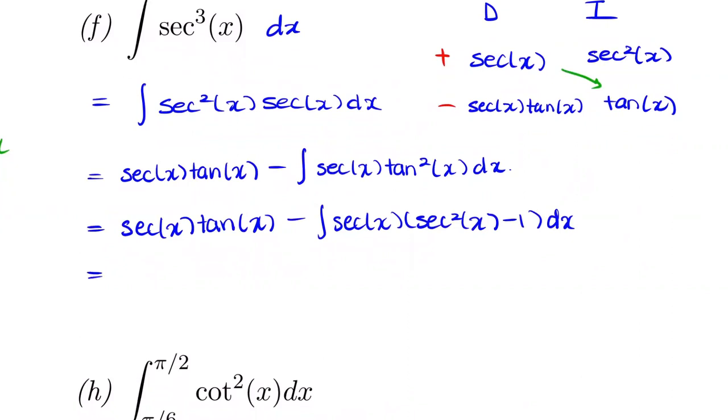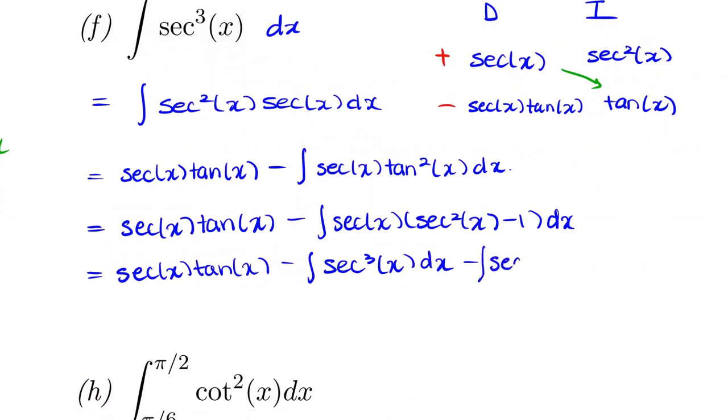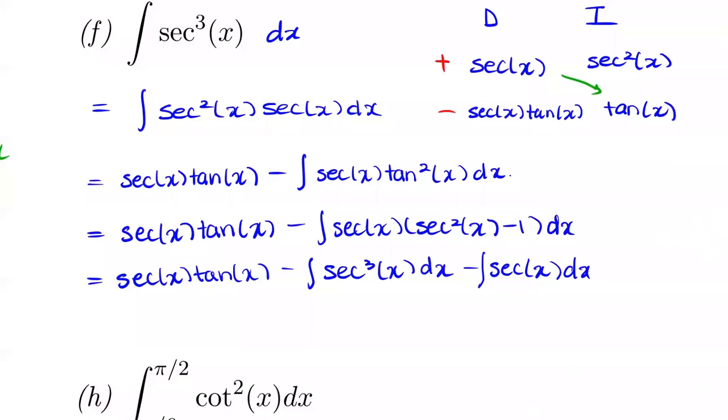So now we would have the secant x tan of x minus the integral of secant cubed of x dx plus the integral of secant of x dx, right? Okay, so this should be a plus here.